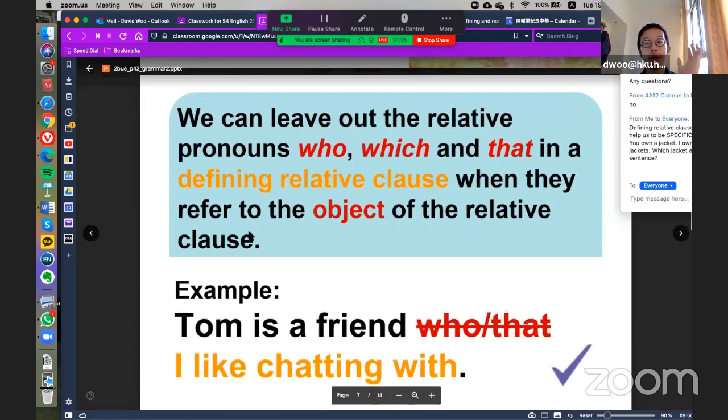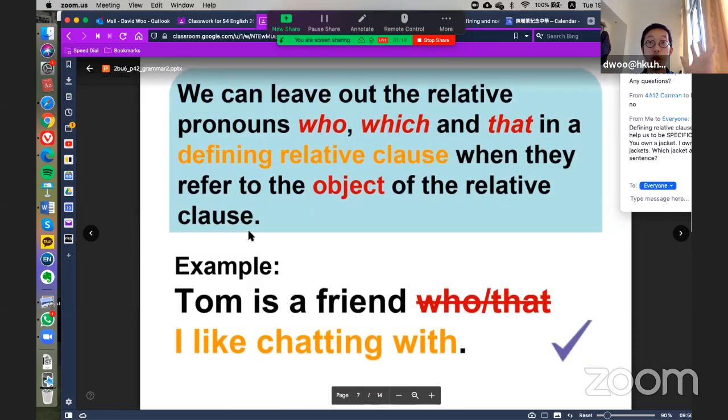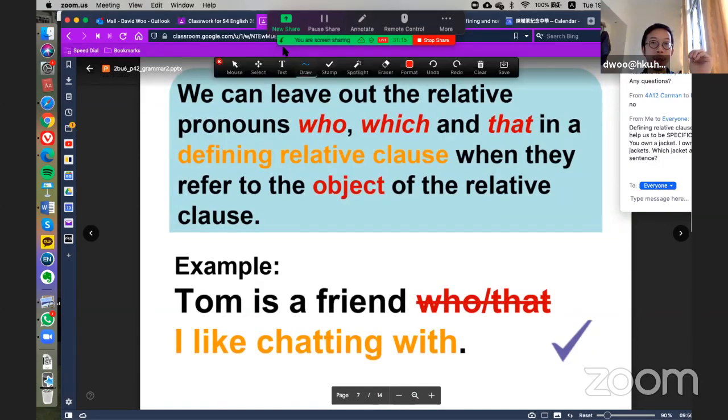Okay, now this is a little tricky. This is like a star slide.